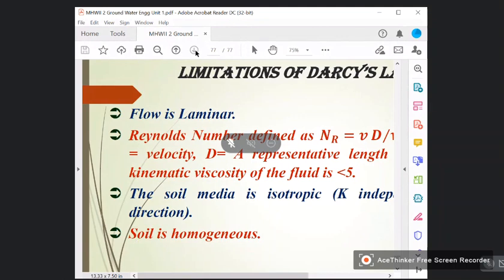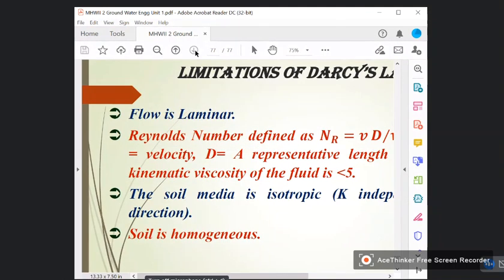Why is the minus sign introduced? If you recall your velocity distribution also, the velocity distribution in a pipe from the Navier-Stokes equations that we obtained last semester, there also we got the velocity is equal to something into 1 minus y by r.